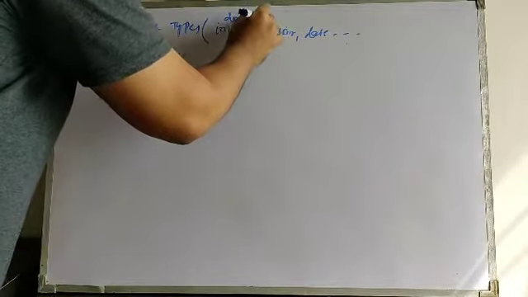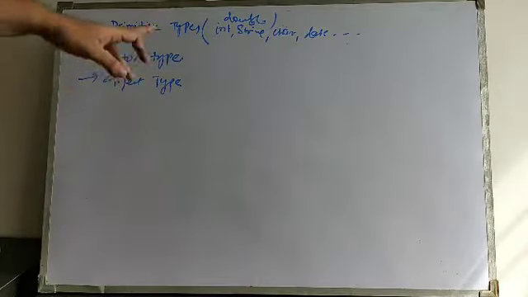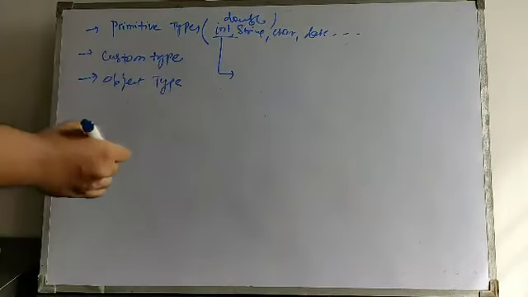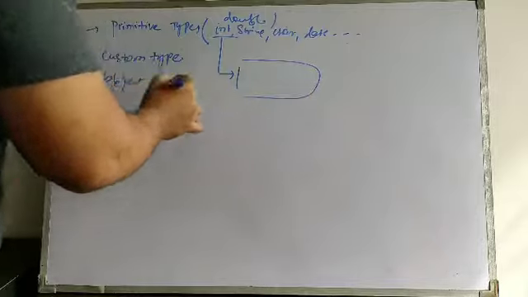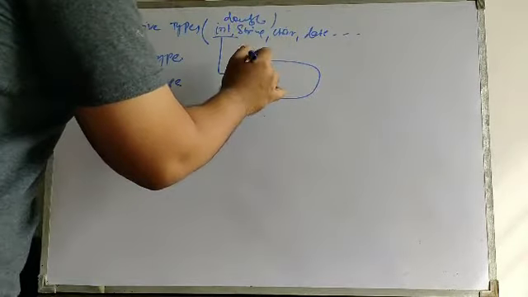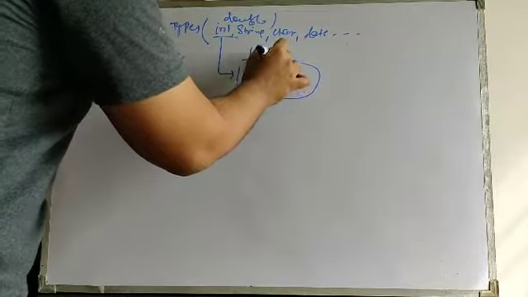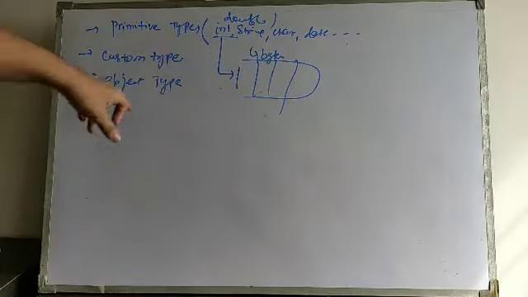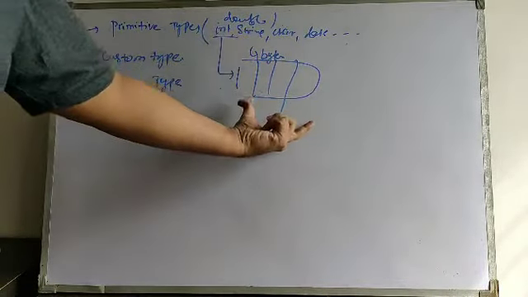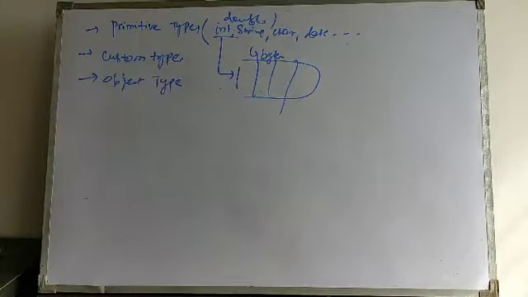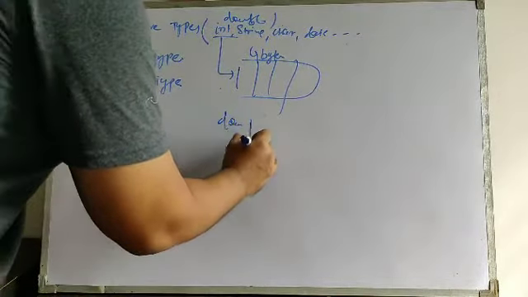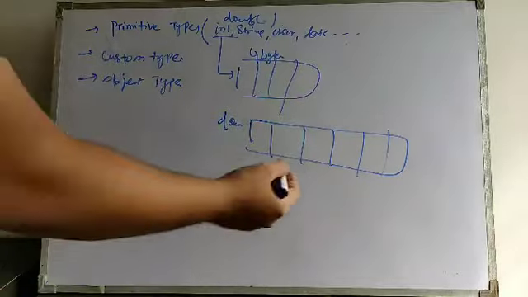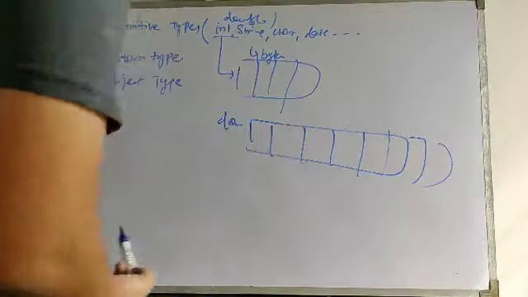Int is a container. When you use int as a data structure, it will allocate a container of size 4 bytes in memory. When you allocate a container of double, it will allocate 8 bytes. So for double the container size will be bigger. This is the container for storing the double value, and it will be 8: 1, 2, 3, 4, 5, 6, 7 and 8.